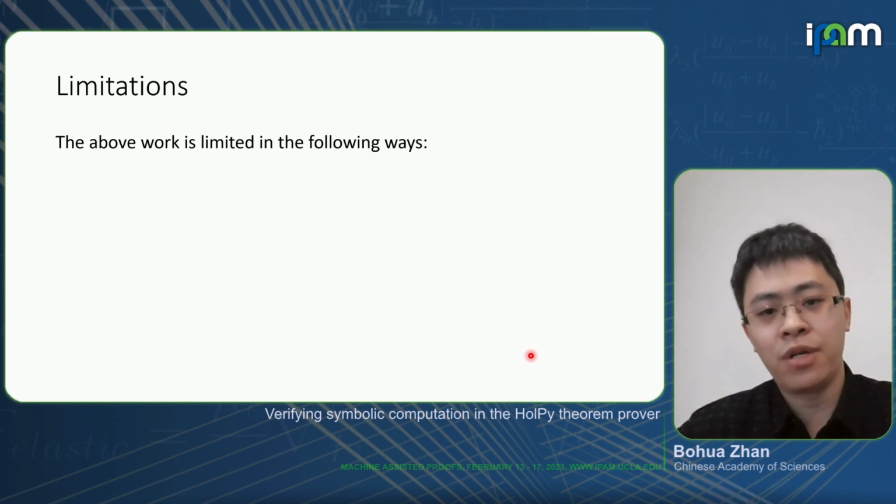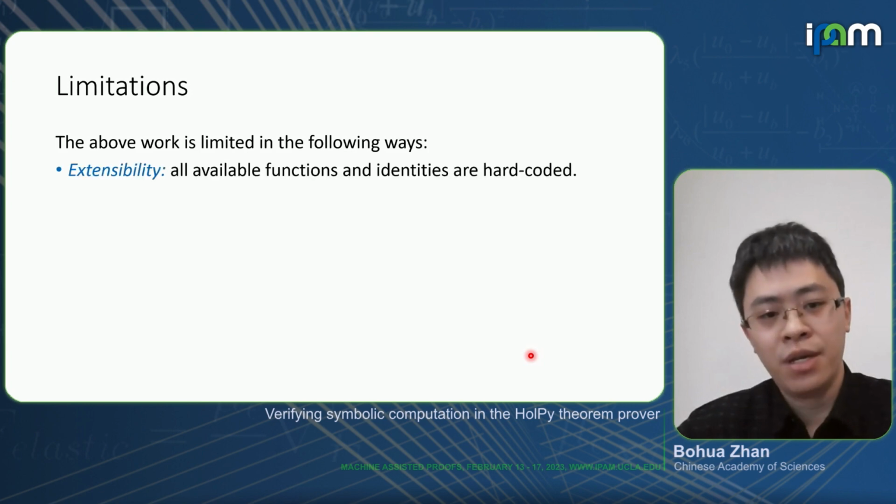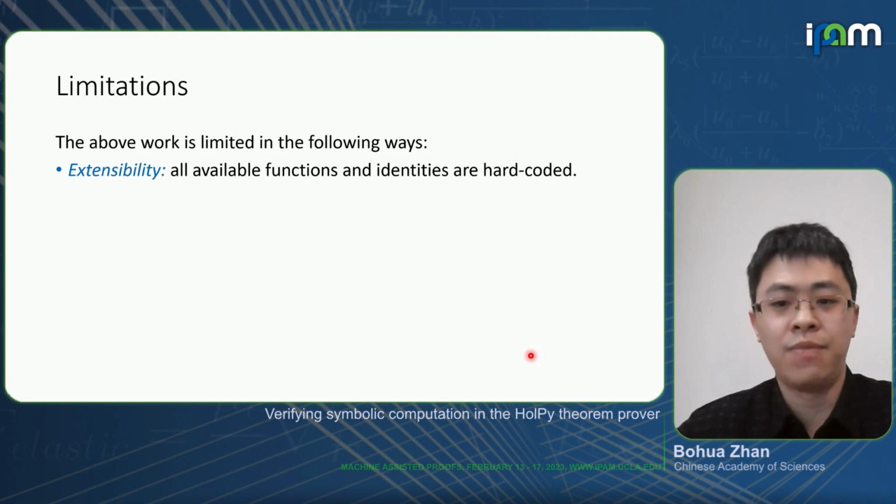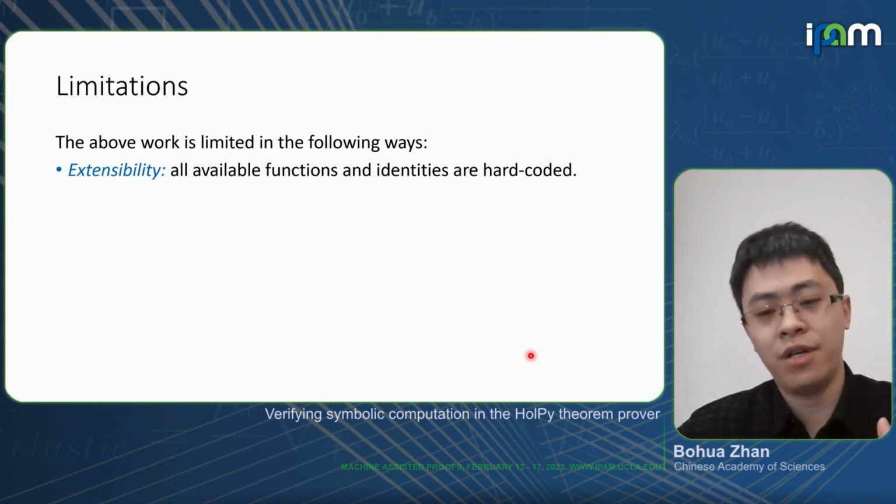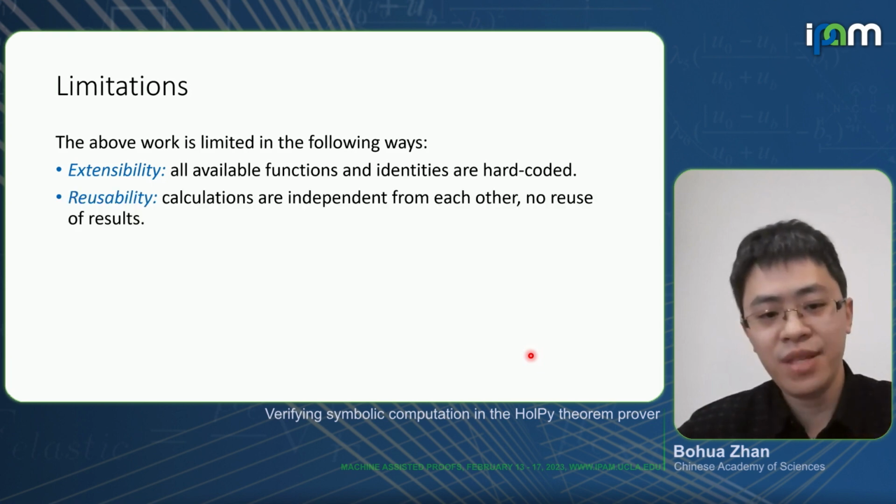Now, the above work is still limited in the following ways, especially compared to a full interactive theorem prover. The first issue is extensibility. All the variable functions and identities in the tool are hard-coded in the Python code, rather than allowing users to extend with new functions and identities.